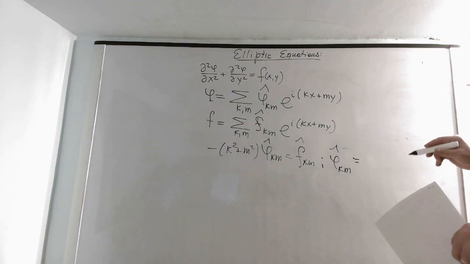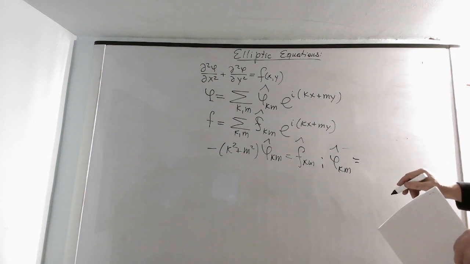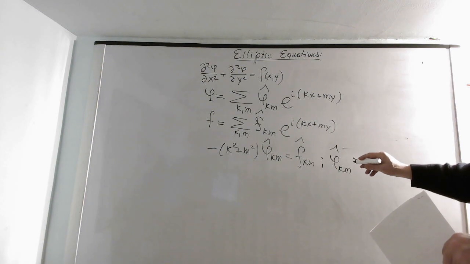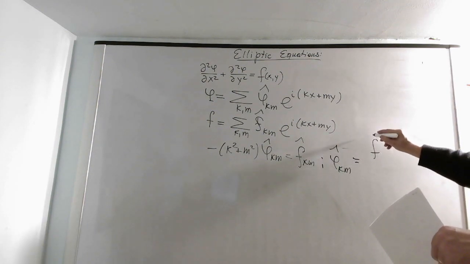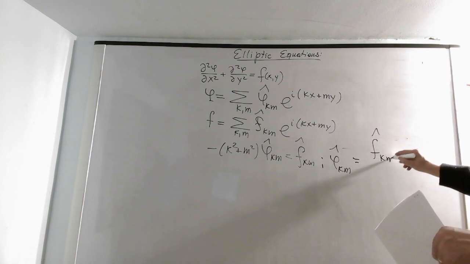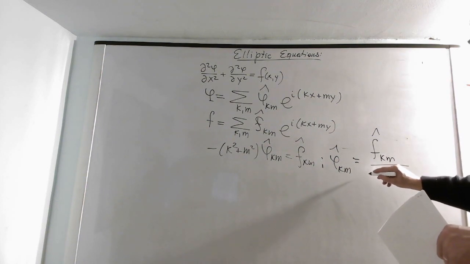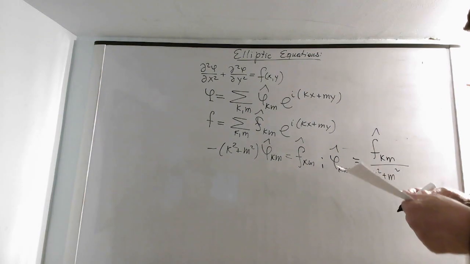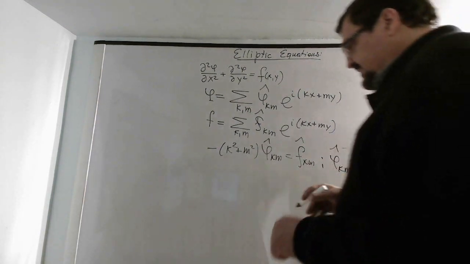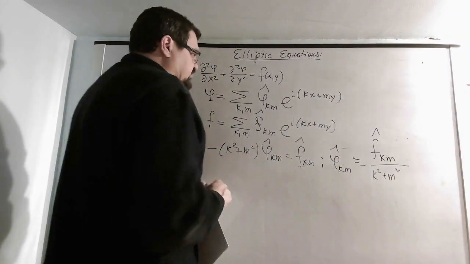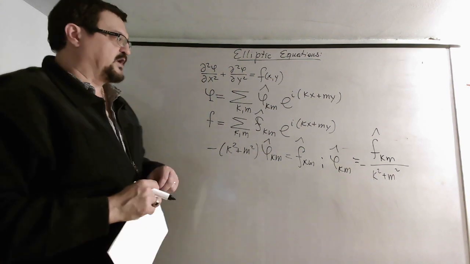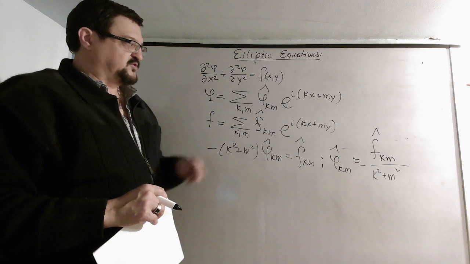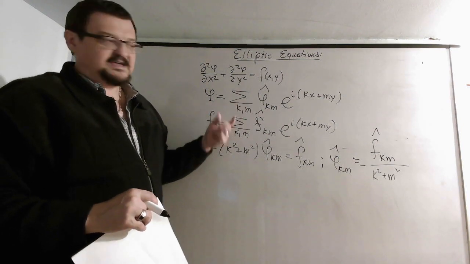So phi_km is equal to f_km divided by minus (k squared plus m squared). This is basically the idea. First you do your Fourier analysis and obtain the Fourier coefficients for f; you don't obtain them for phi because you don't need to.